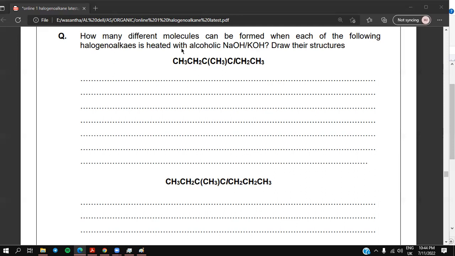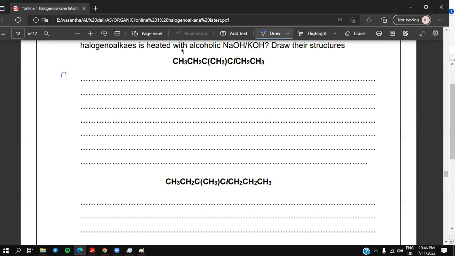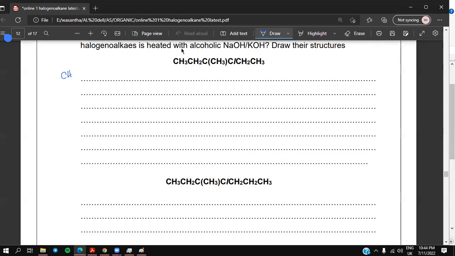To understand what happens here, it's always better to draw the structure at least to some extent in a displayed manner. I will write CH3, this one, and there's a CH2 part. I will draw it in this manner.